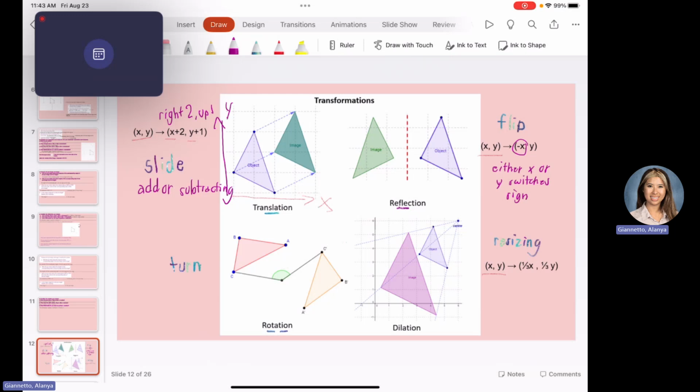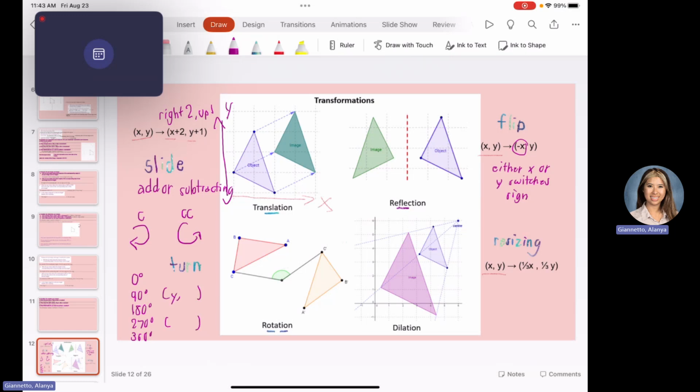In a rotation, there are different rules depending on the direction: clockwise as well as counterclockwise, as well as the angles that it rotates. So 0, 90, 180, 270, and 360. I'll go more into depth about the rules later on, but just know that an easy trick to remember rotation is that the x and the y are going to flip.